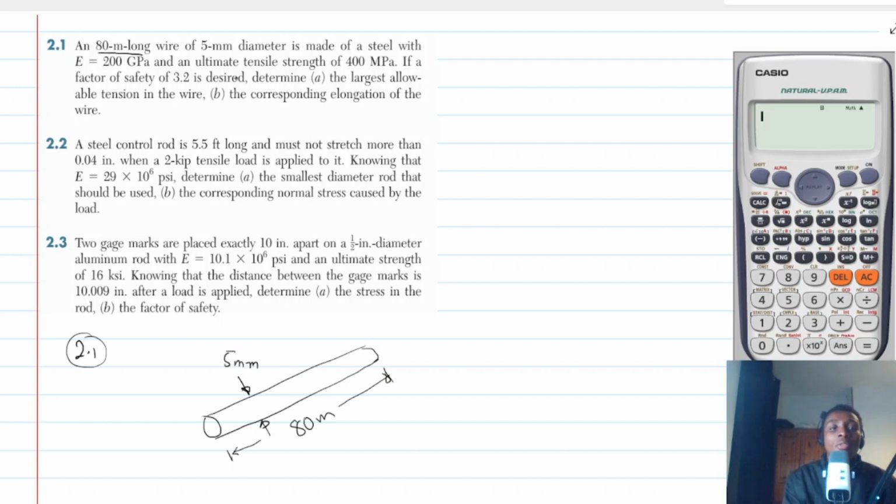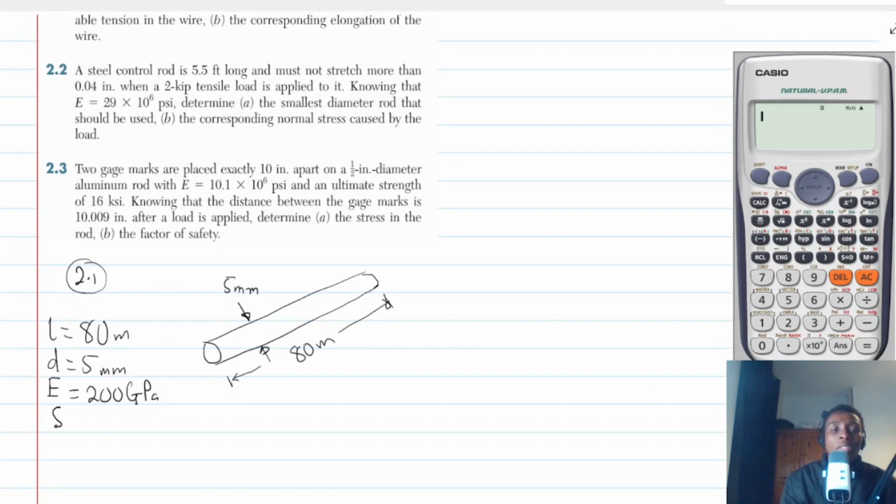It is made of steel, so we have the length as 80, the diameter as 5 mm, and the Young's modulus for steel is 200 gigapascal. Now there is an ultimate tensile strength of 400 megapascal.